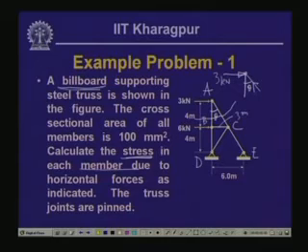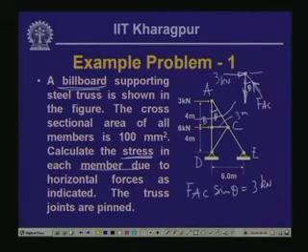Let us say the direction of this force is this, and the direction of the force here is in this direction. Now if we take the horizontal component of this force FAC, then FAC sin theta is equal to 3 kilonewton.